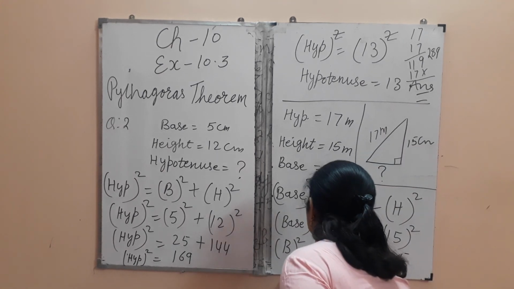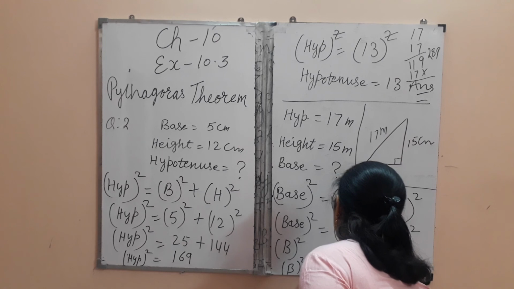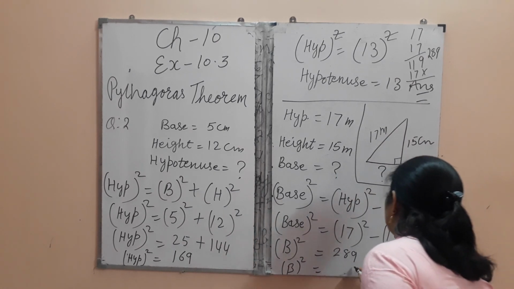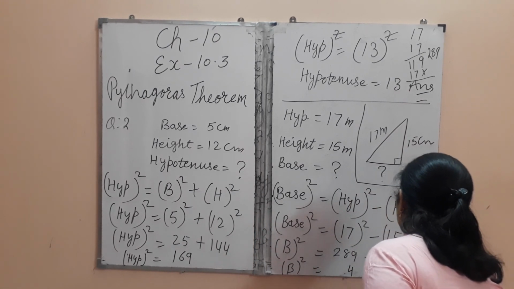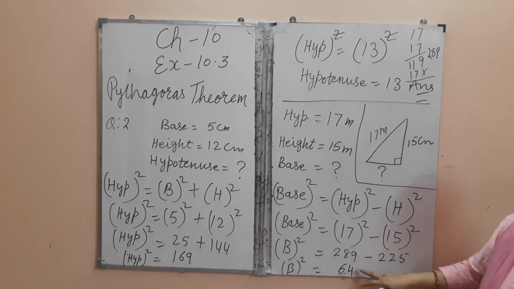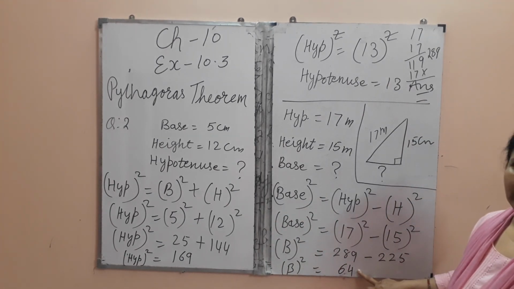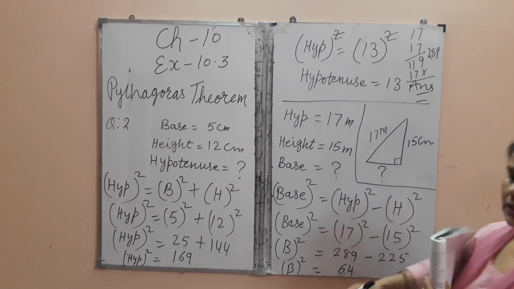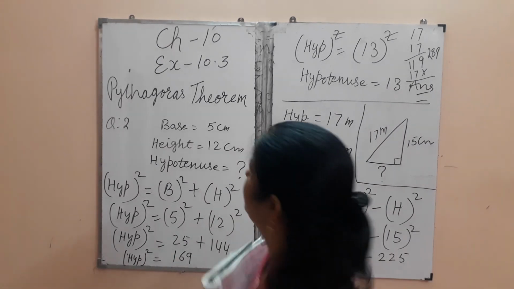So base square will be 64. So 64 is the square of which number? 8. 64 is the square of 8.